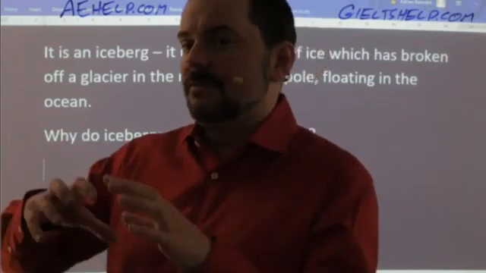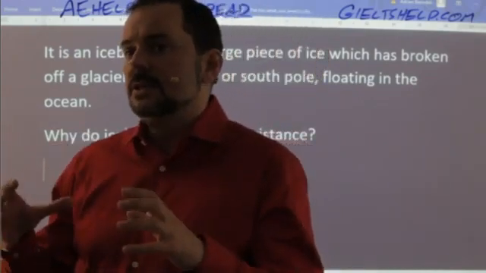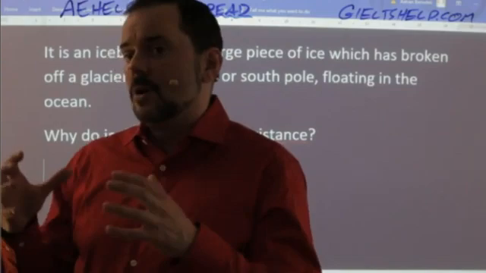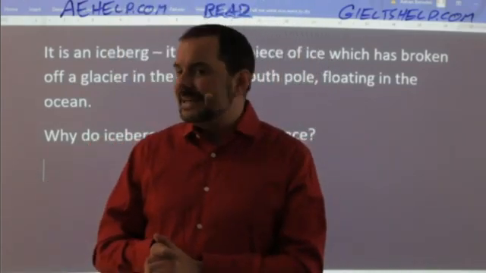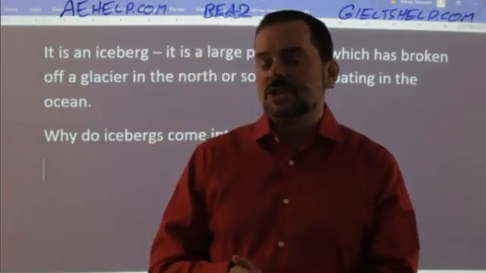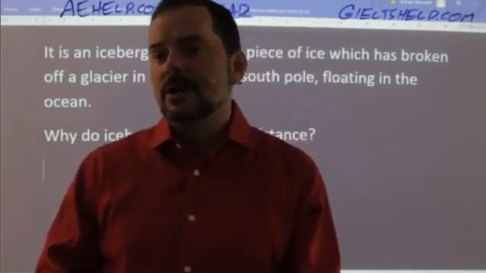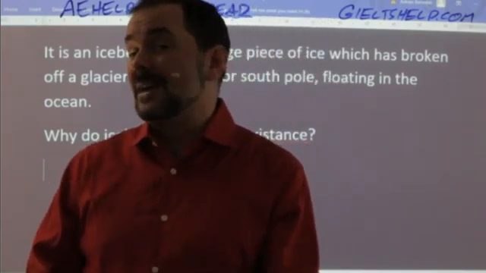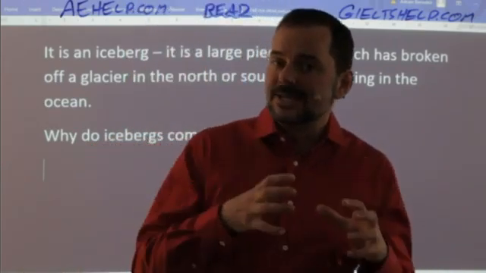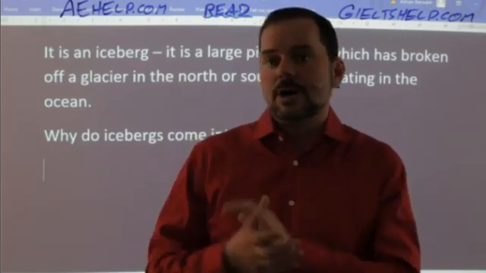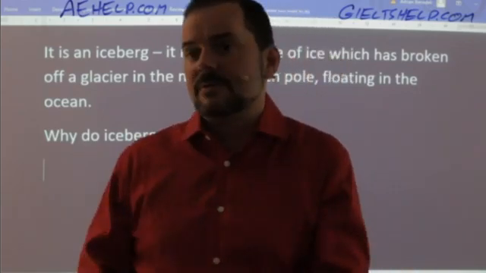So yes, there's a difference in density between ice and water, so frozen water and liquid water. But it's not why it splits. I don't think that's why glaciers break apart. It's more the reason of why they float, right? So the difference in density is the reason that ice floats in water. It doesn't just sink to the bottom of the ocean.